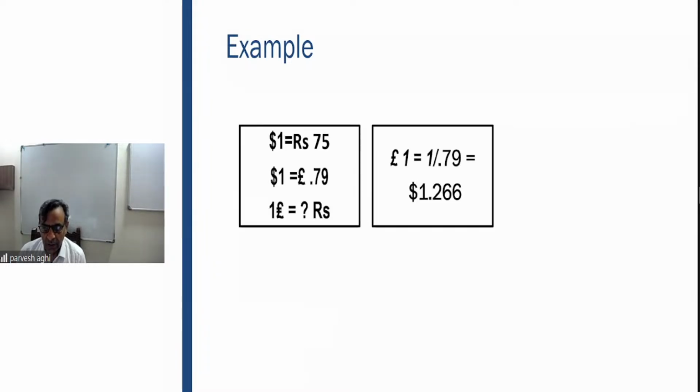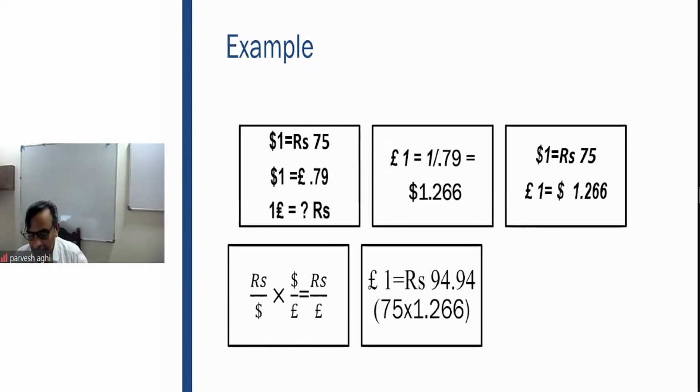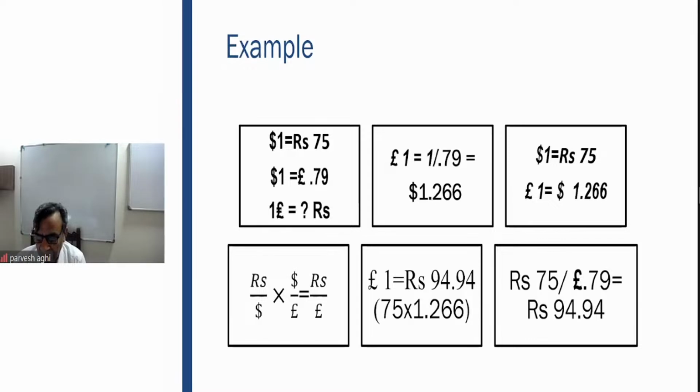Look at this. Here I'm doing 75 divided by pound 0.79, I achieve the same number. So I can simply convert that, or without converting itself, I can calculate the rate.